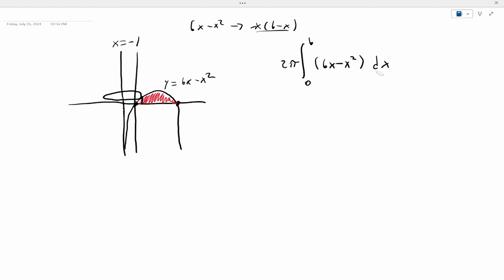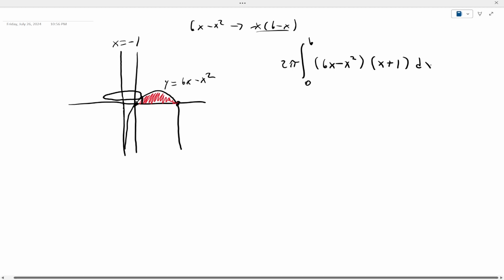So we need to account for that and say, for every x, we have to shift that over 1. That would be plus 1, dx. It makes it simple: if x was 1, it would be x minus 1, but since we have a negative, it's x plus 1.